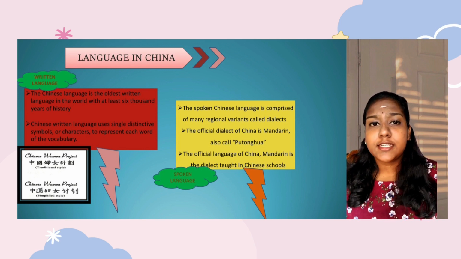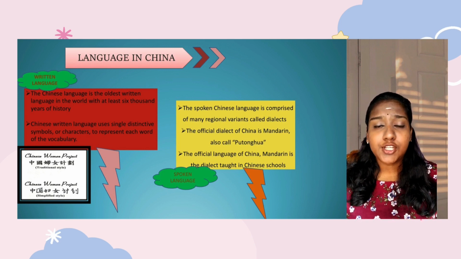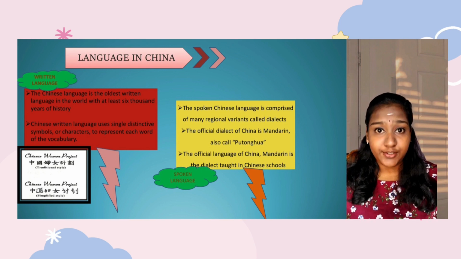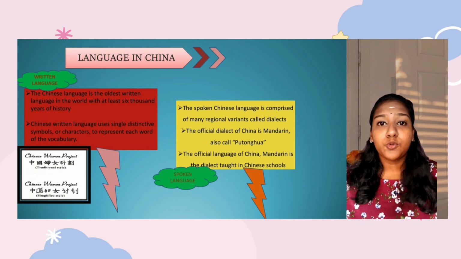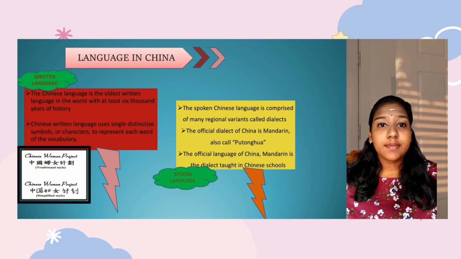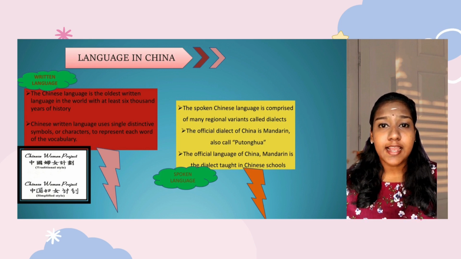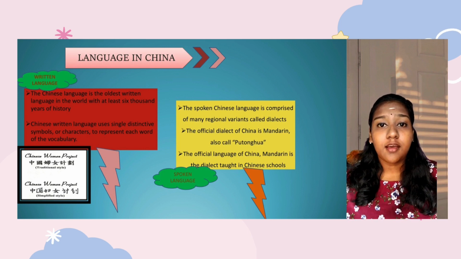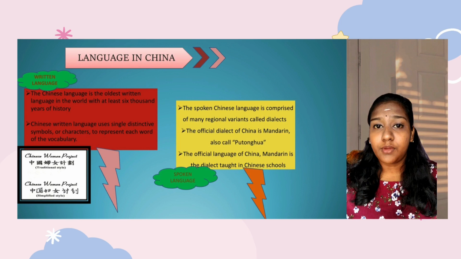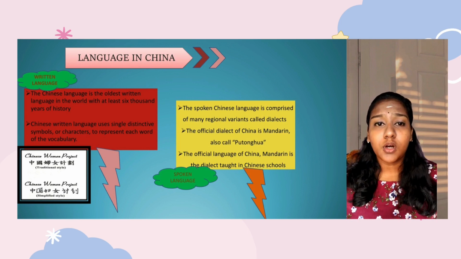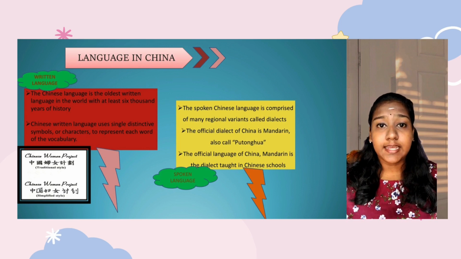The official dialect in China is Mandarin, also called Putonghua. Mandarin or Putonghua is the most common dialect used in China and has been adopted as a second language by those who speak other Chinese dialects.